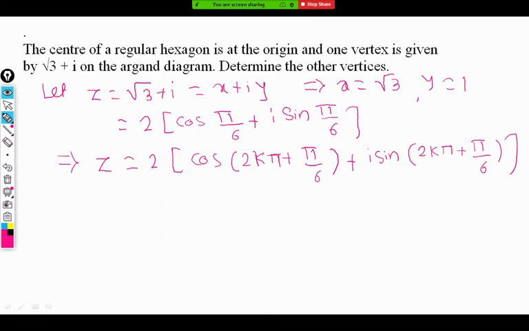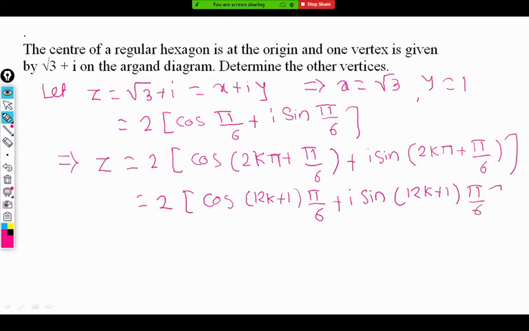Let me write it in a more simplified form. This 2 as it is, this cos of, if you cross multiply, 6 into 2 is 12k plus 1 into pi by 6 plus i sine of 12k plus 1 pi by 6. Those who are interested can write it in short also, cis of 12k plus 1 pi by 6.